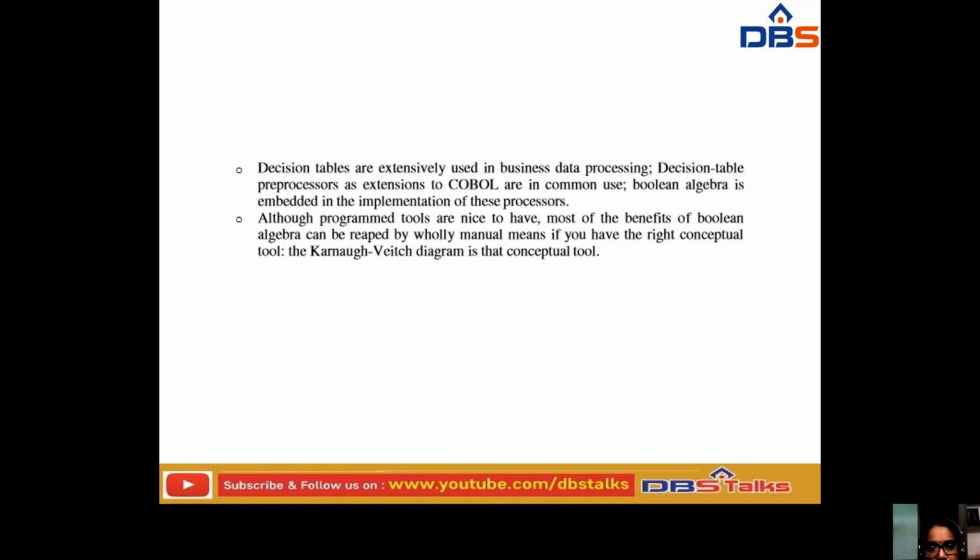Boolean algebra is embedded in the implementation of these processors. Although programmer tools are nice to have, most of the benefits of Boolean algebra can be reaped by wholly manual means if you have the right conceptual tool. We can say the Karnaugh map is that conceptual tool.